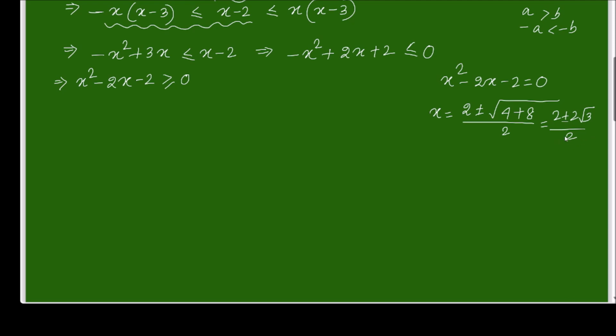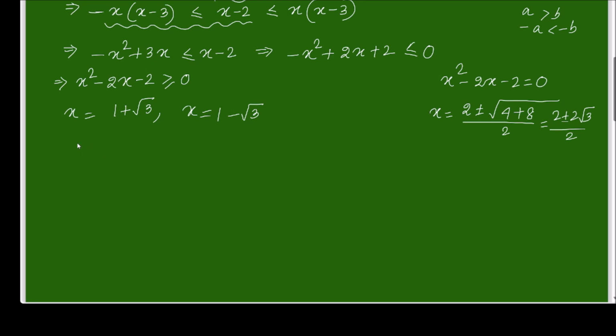Cancelling 2, I am getting x equal to 1 plus root 3 and x equal to 1 minus root 3. How to write the value of x?